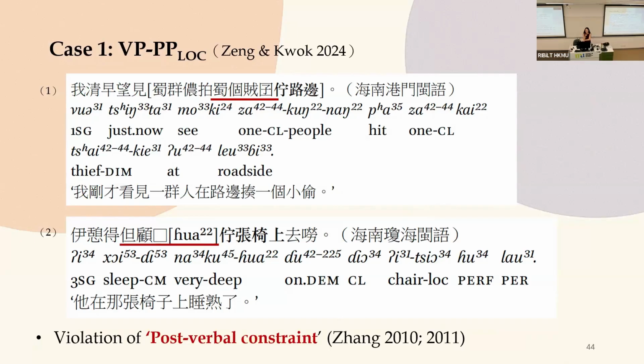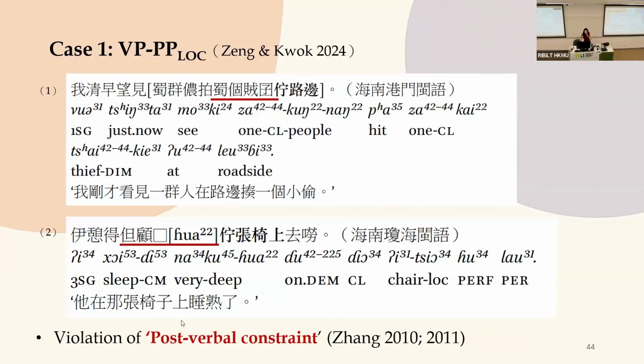The sentence ends there. But in Hainan Min, you can apparently put a locative prepositional phrase after the resultative complement, and then afterwards you have the sentence-final particle. So this is very peculiar both in where they put the locative prepositional phrases and how they actually allow it to appear after a complex VP.